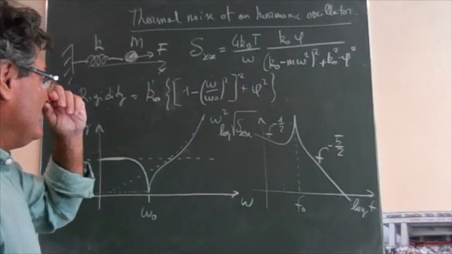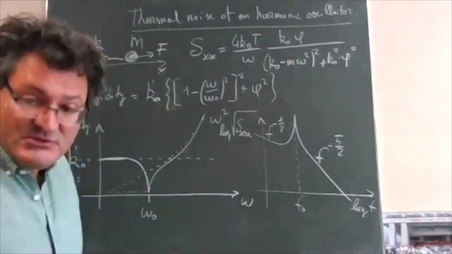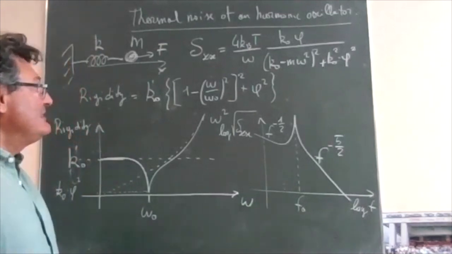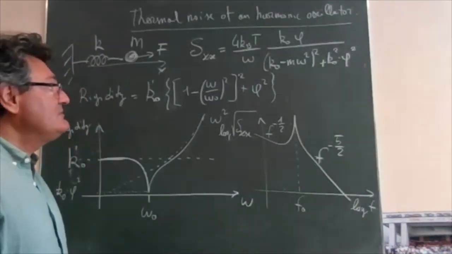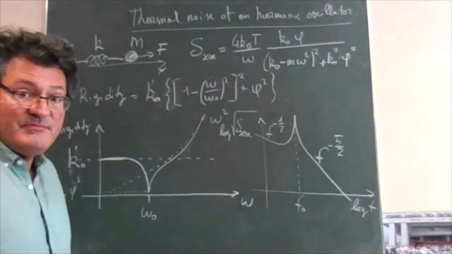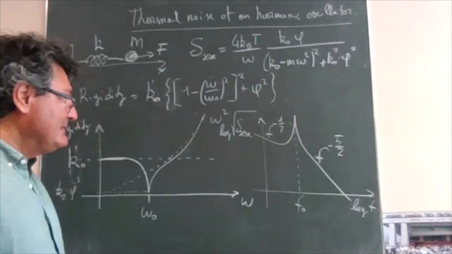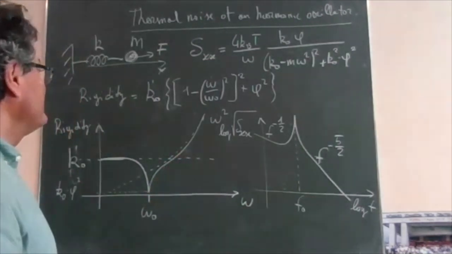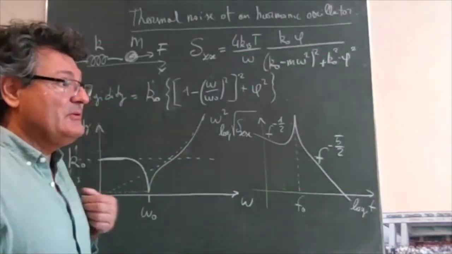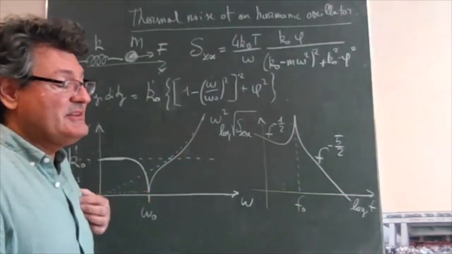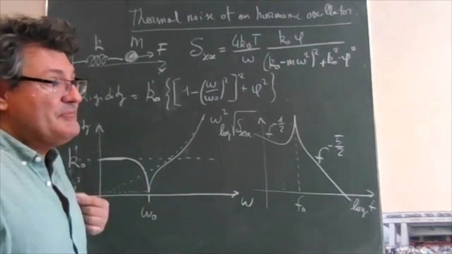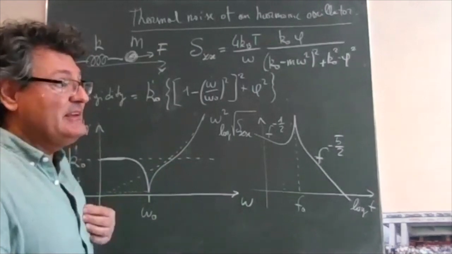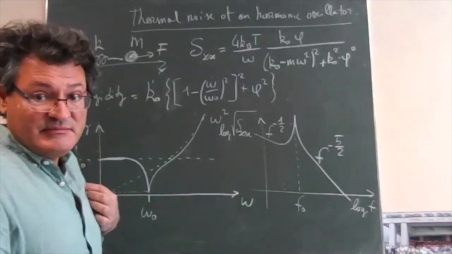The harmonic oscillator also gives us the opportunity to discuss two other details of the physics that is in it. The two other quantities are one, the quality factor, and the other, the decay constant.